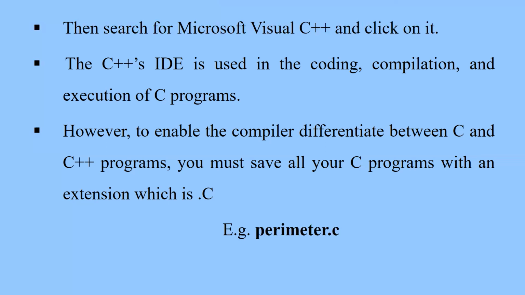For example, if you are coding a program to calculate perimeter, for a circle or any other object, you type it as perimeter.c. So you add .c at the end of the name.